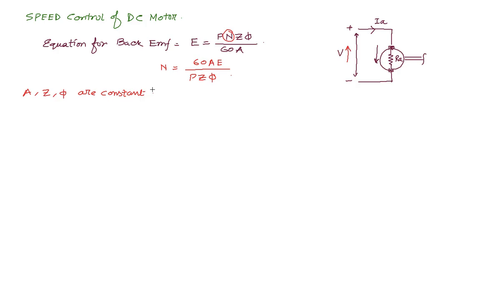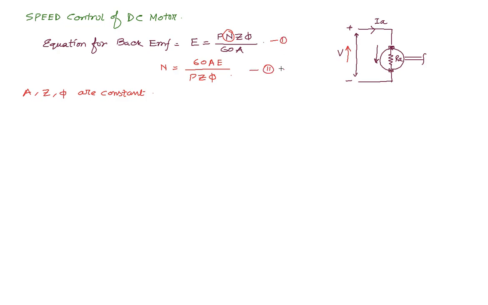That flux depends on the applied voltage V, according to which Ia is there, and as Ia and phi are proportional, phi is up to us as V is the supply voltage. You can call this equation 1 and this equation 2.